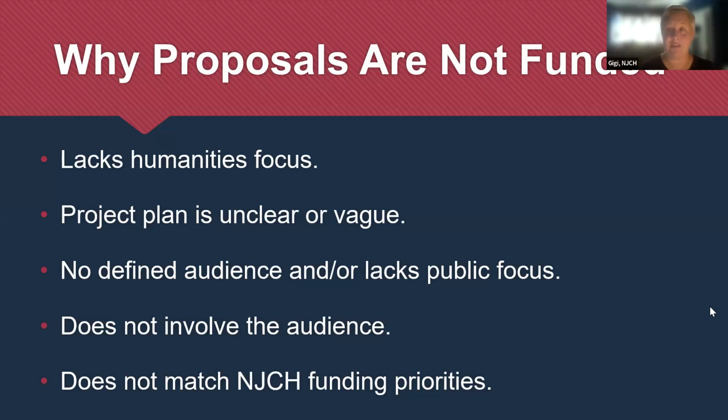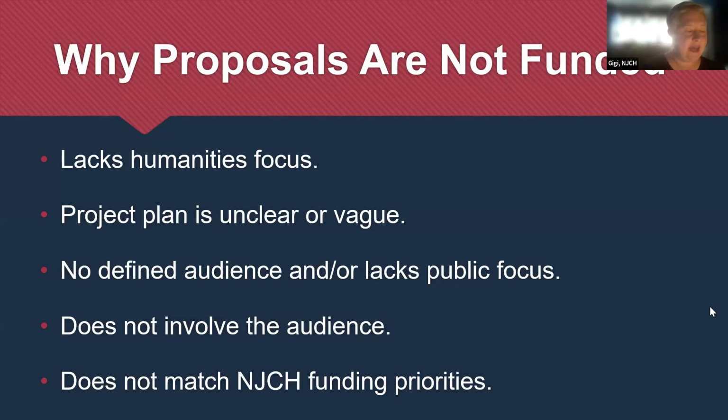So, main reasons why proposals are not funded. It may be one of these reasons, it's often a combination of these reasons. The project lacks a central humanities focus. It is very unlikely to be funded. We are the Council for the Humanities. If the project plan is unclear or vague, unlikely to be funded, no matter how good the idea is. If you cannot define your audience, and especially if your audience lacks a public focus, unlikely to be funded.